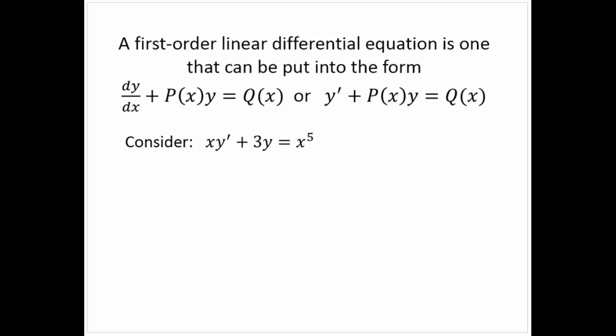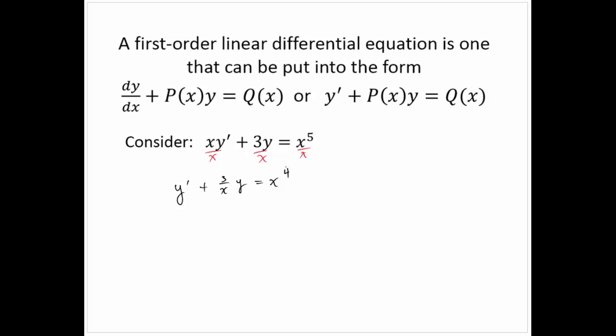Notice that this is a first-order linear differential equation because I can divide through by x. If I divide through by x, I can write this equation in the form y prime plus 3 over x times y is equal to x to the fourth. And so it certainly fits the form that we've defined.